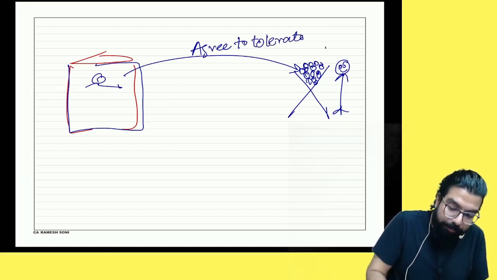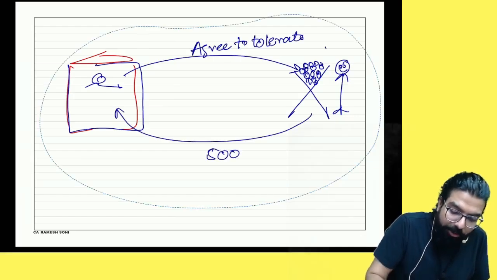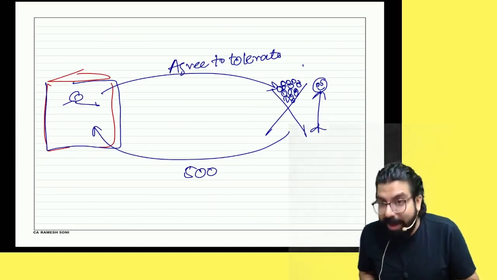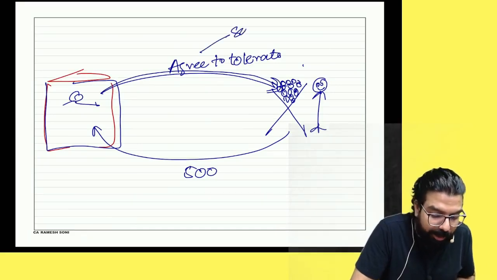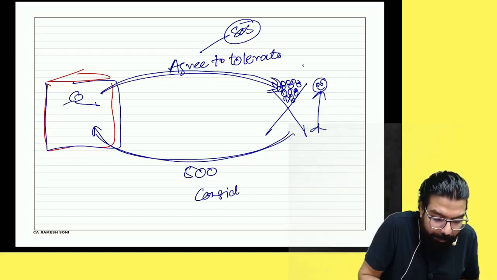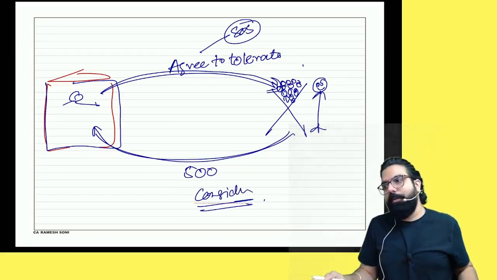You stand, no problem. But every day I want 500 rupees. Does it happen? This shopkeeper, when he agrees to tolerate, is he giving supply of service? The money which is received, is it consideration for service or compensation? Is my point clear to all? Chalo, done.